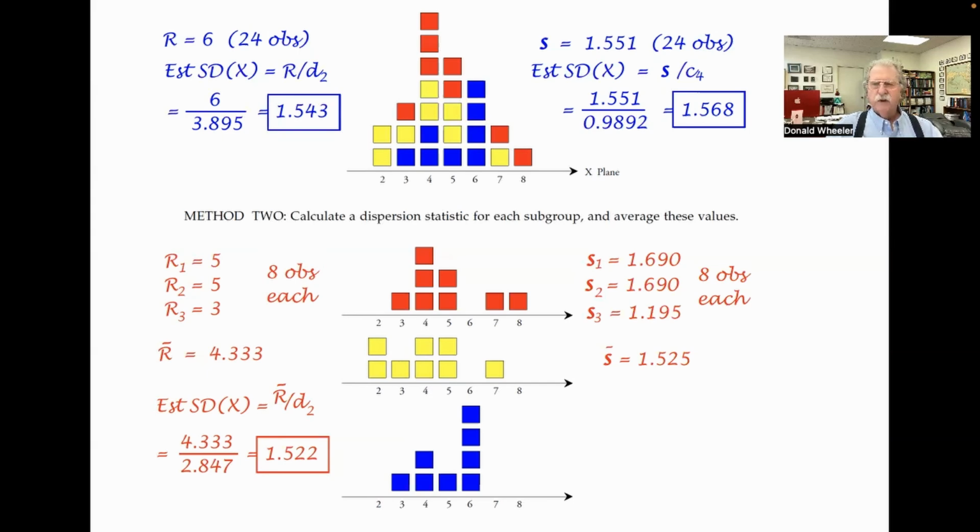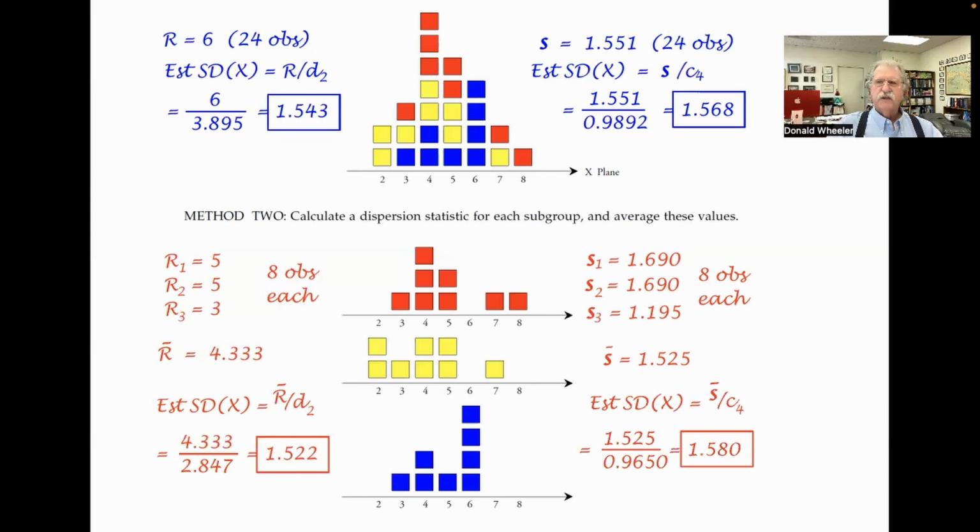Each of these is based on 8 observations. So, an estimate of the standard deviation for x will be S bar divided by C4. That's 1.525, and the C4 bias correction factor for 8 observations from inside front cover, 0.9650, gives us a 1.580.